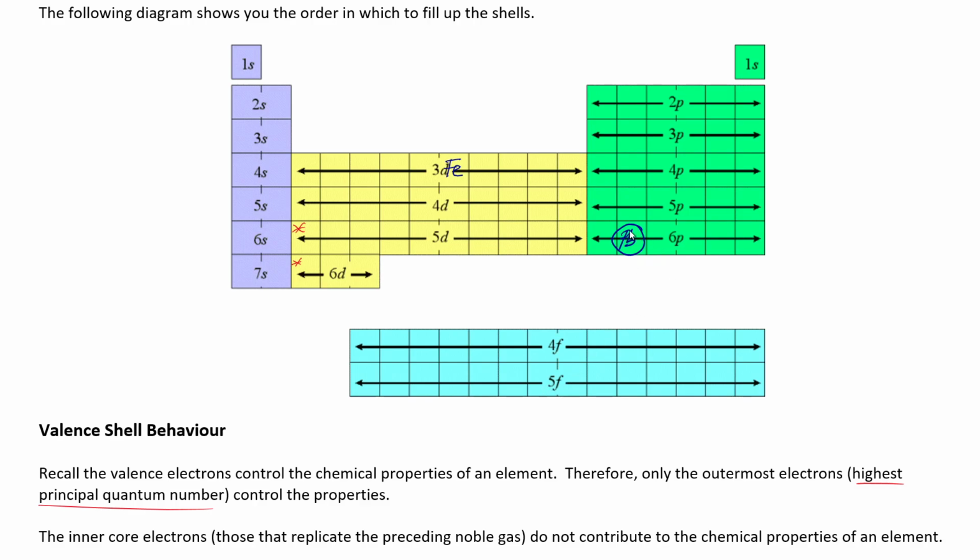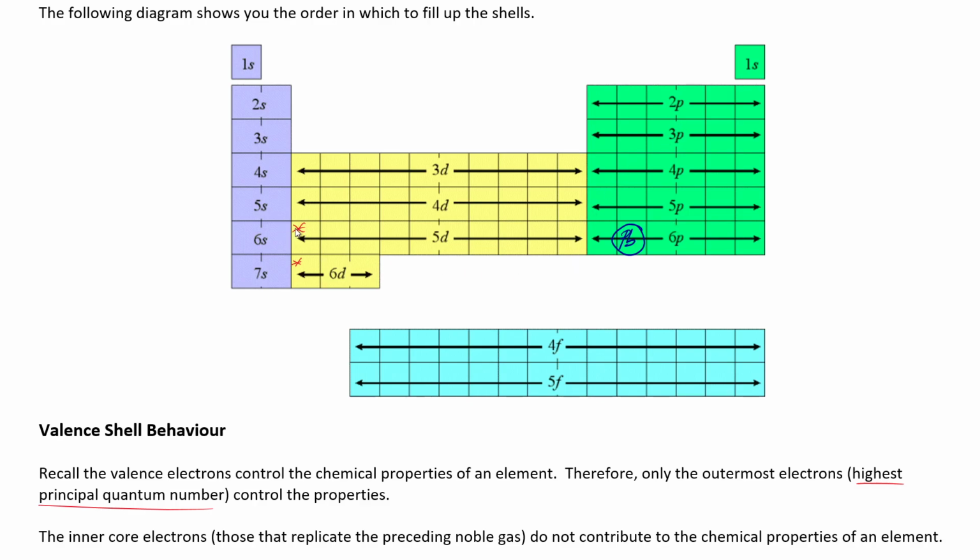So in order to get to here, I have to go 1s2, 2s2, 2p6, 3s2, 3p6, 4s2, 3d10, 4p6, 5s2, 4d10, 5p6, 6s2, and then recall I have to jump all the way down here and I go 4f14, 5d10, back up, and then 6p2.